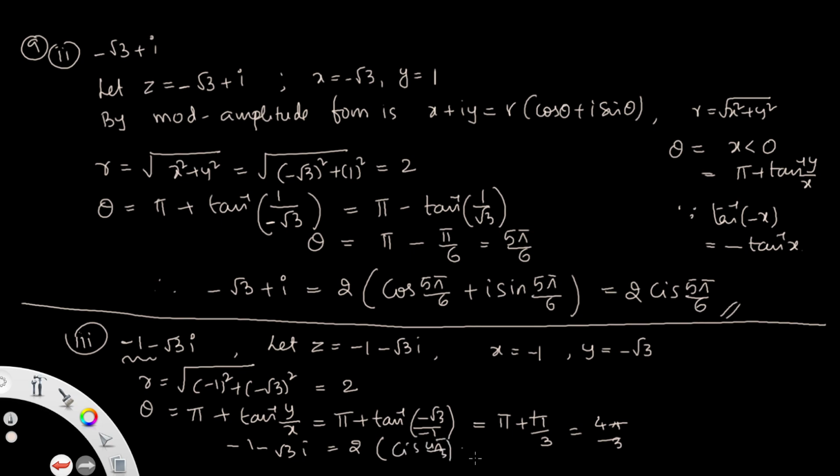Now change into the principal value, then you get cis of minus 2 pi by 3. This is the answer. Next, go to the fourth bit.